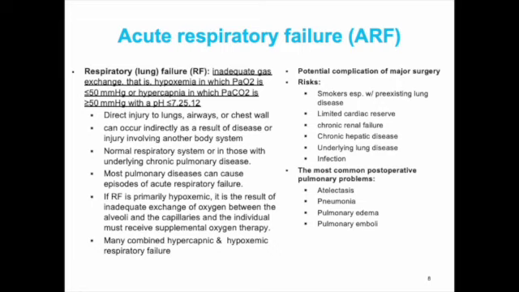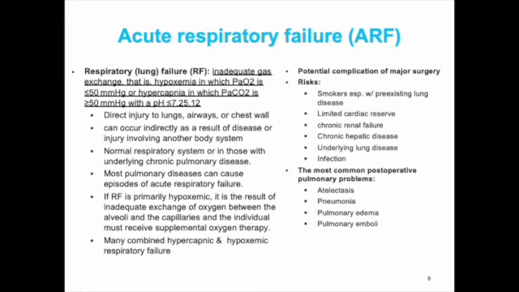If you have limited cardiac reserve, you're a patient with chronic renal failure, have chronic hepatic disease or liver failure, or you have lung disease, infections, these all are going to increase the tendency for you to develop some type of post-operative respiratory failure. And the most common post-op pulmonary issue is atelectasis, pneumonia. And then also patients can undergo pulmonary edema and pulmonary emboli as well.